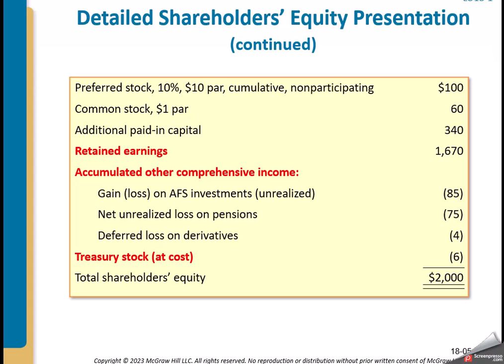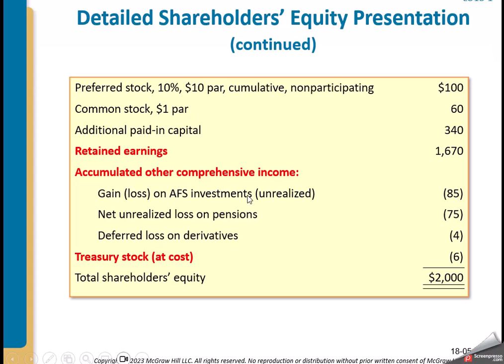Then here we have, again, where you're going to see the other comprehensive income. So you do want to understand what goes into that other comprehensive income. Some of these we've talked about in our prior chapters, but now you're seeing them all in there. If we have unrealized gains or losses on our investments, so if we're marking those investments up to market value and we have not sold them, those unrealized gains or losses don't go to our income statement.